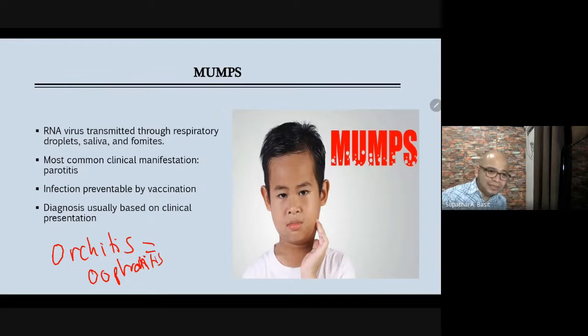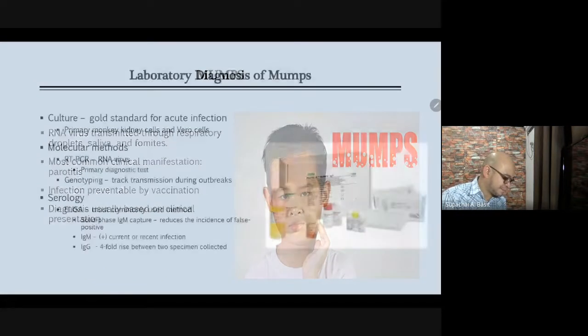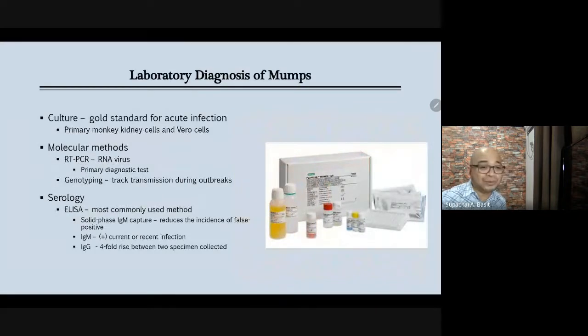So the diagnosis is usually based on clinical presentation. We can do culture. It's a gold standard, again, but it's not practical for routine purposes. We can do RT-PCR, but then again, it's not really practical because it's expensive. Genotyping will track transmission during epidemics. For routine purposes, the most commonly used method is the ELISA.